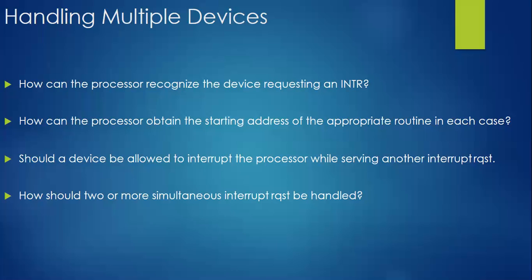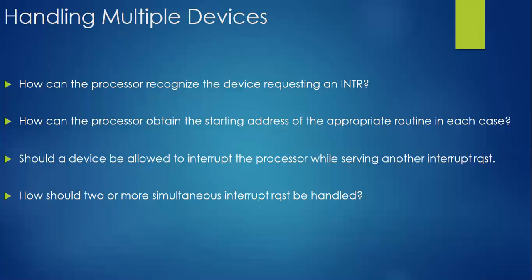It may raise an interrupt request for different reasons. So the question is how your processor will identify the starting line of the particular routine which should be executed by the processor and which is expected by the device.